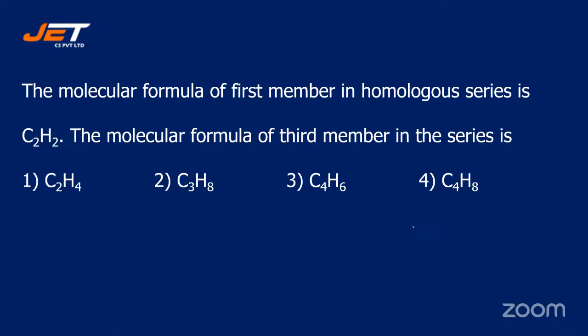Okay, next question we have. The molecular formula of the first member in the homologous series is C2H2.